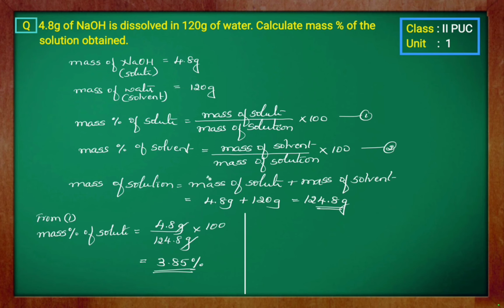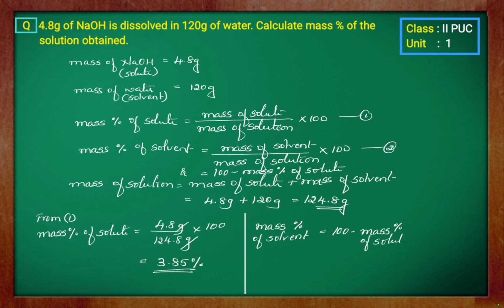So here instead of formula 2, I can also write the formula as mass percentage of solvent is equal to 100 minus mass percentage of solute.